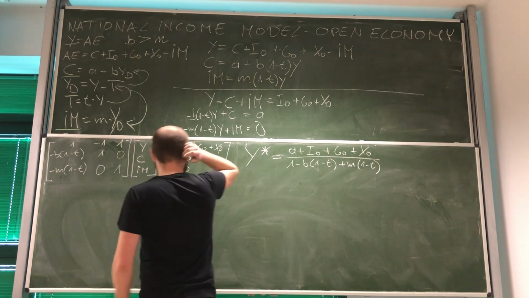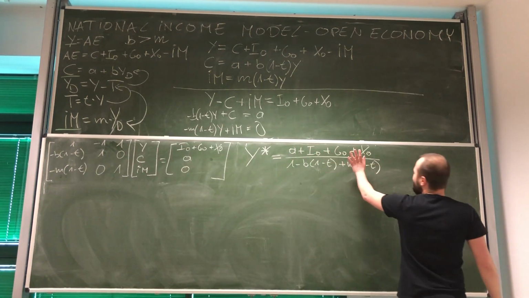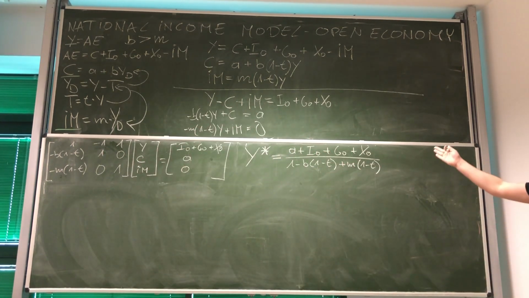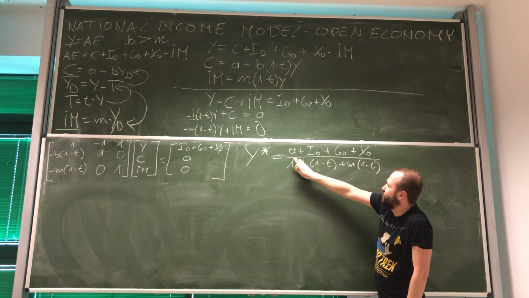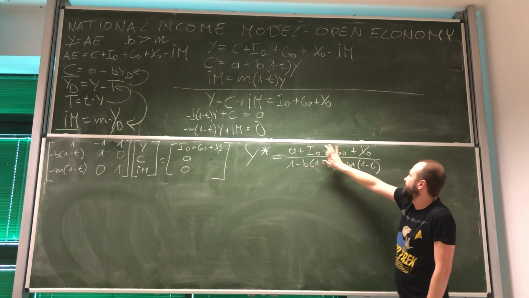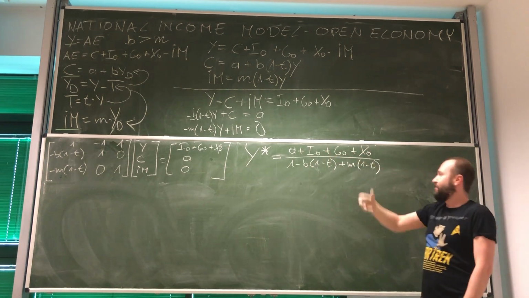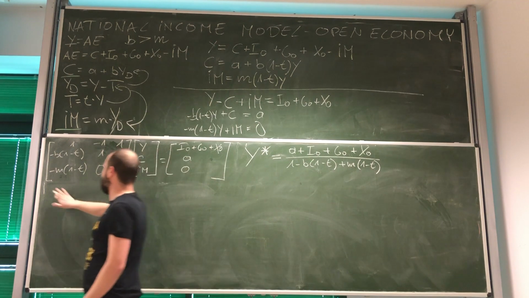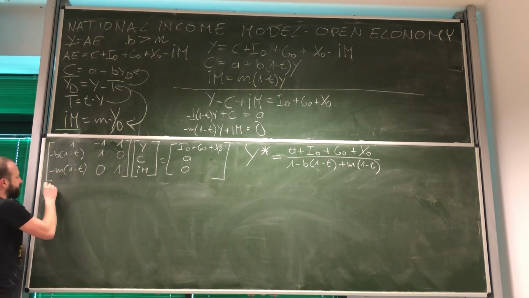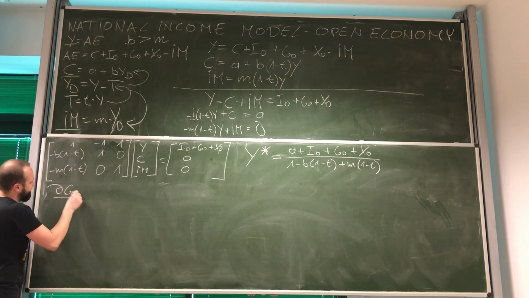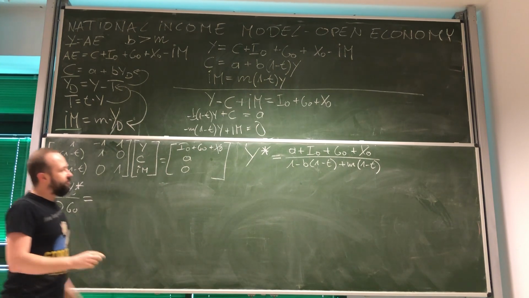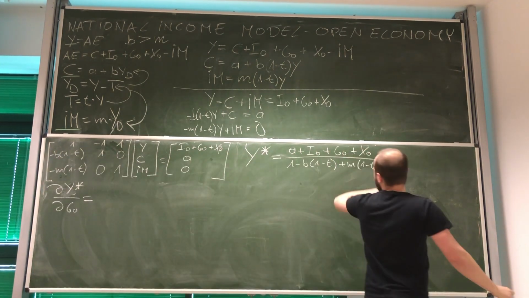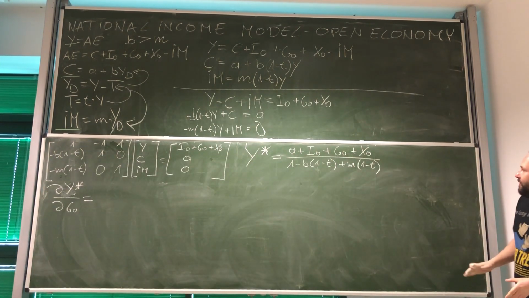And look, let's calculate one with respect to G0. But I hope you remember that it doesn't matter if I calculate this comparative static derivative with respect to A, I0, G0, or X0, I'm going to get exactly the same result. So if I differentiate this, it's going to be the same outcome as before.